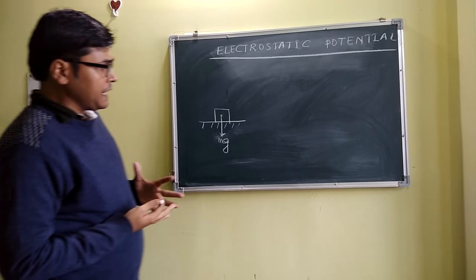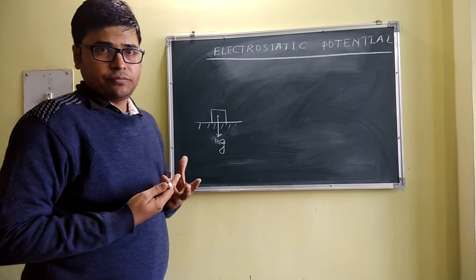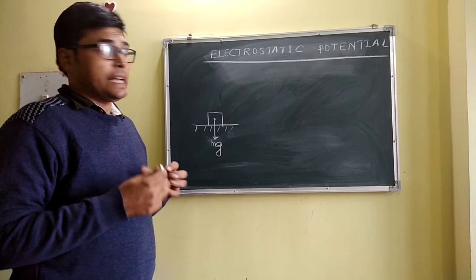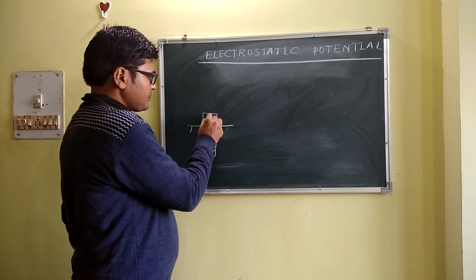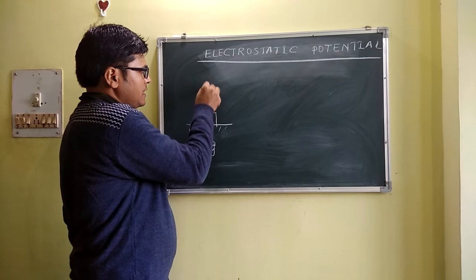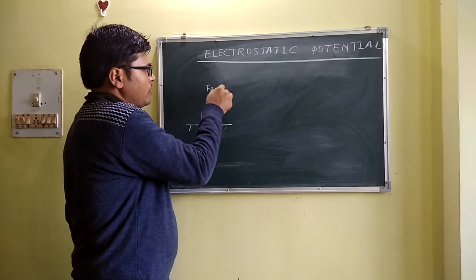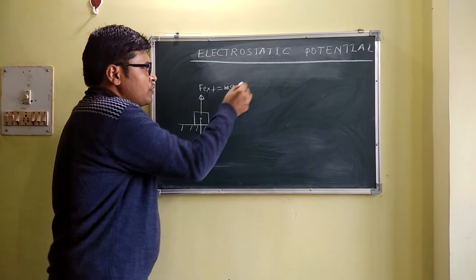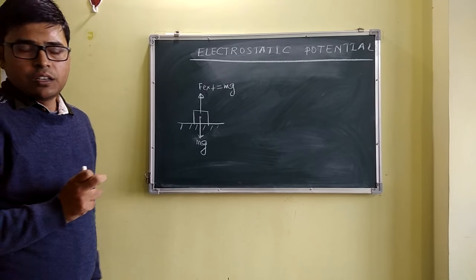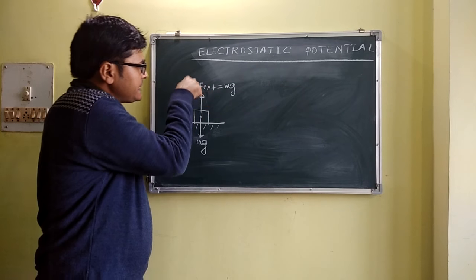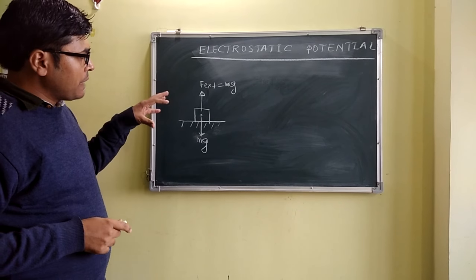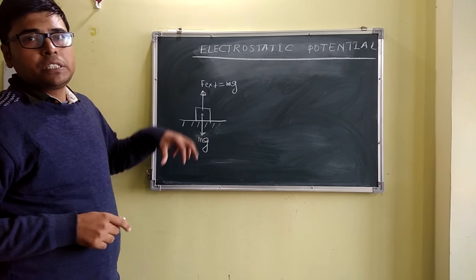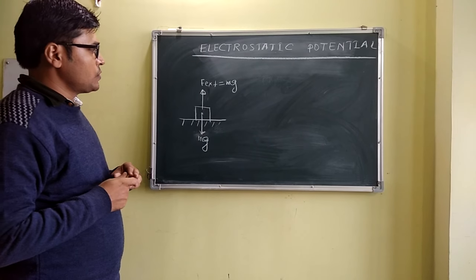Now we define potential energy in terms of an external force, which is exactly equal to mg, and we will evaluate the work done of this external force, which is exactly equal to gravitational force but whose direction is opposite to the gravitational force.